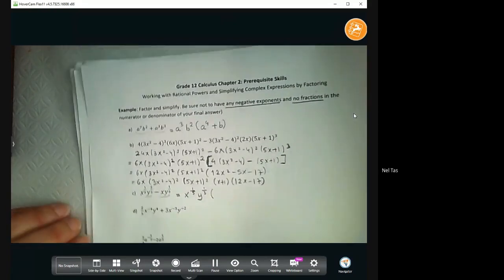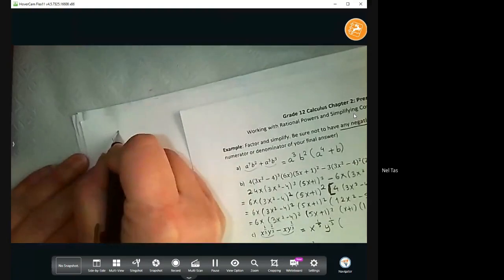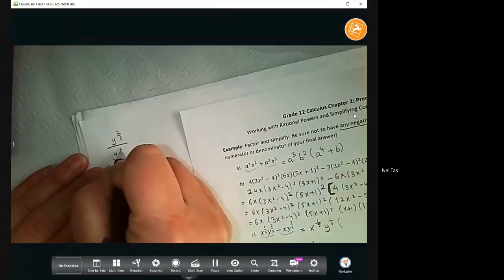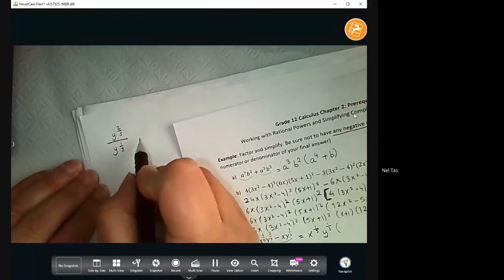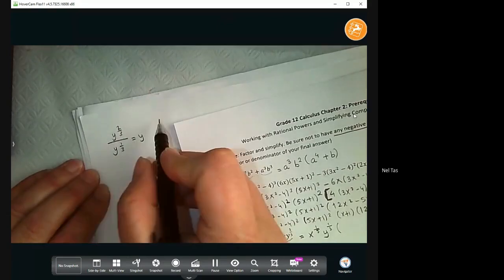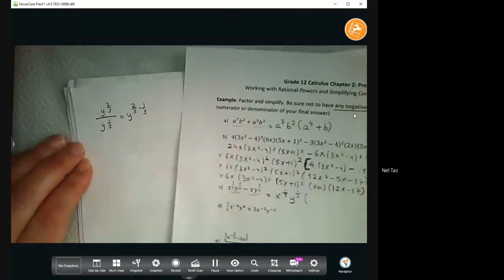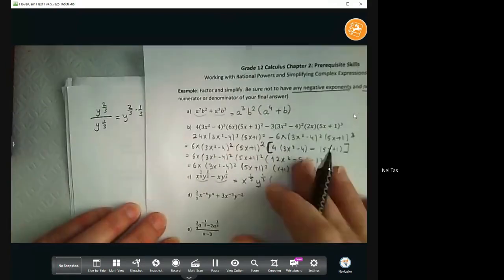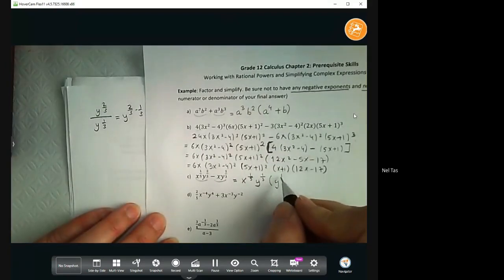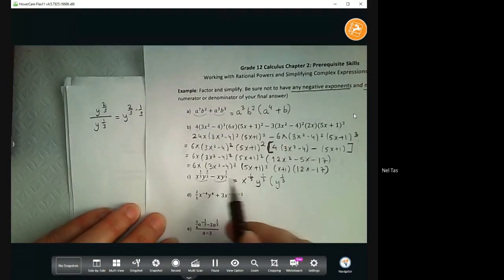So you do y to the power of 2 over 3 divided by y to the power of 1 over 3. So you keep y, you subtract the powers. That will give you 1 over 3. So y to the power of 1 over 3. So negative sign.